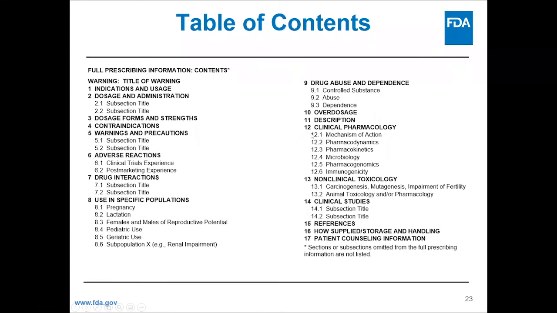I should also note that the way it's laid out, if you look at sections 12, 13, and 14, those are the data sections. So it's a lot of data. And the earlier sections, like sections 1, 2, 4, 5, are more about the conclusionary statements, what to do, recommendations. So first are generally the recommendations, and later are the data.